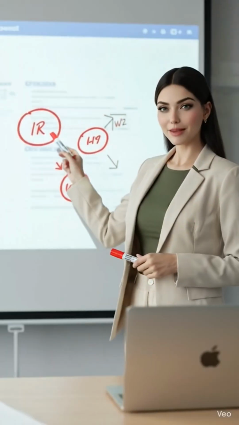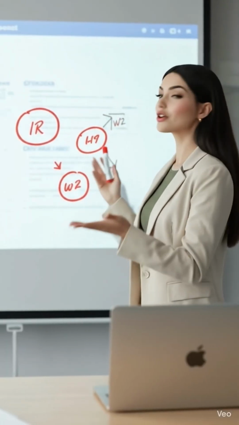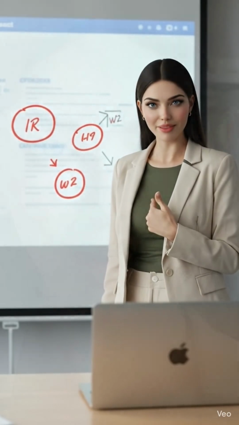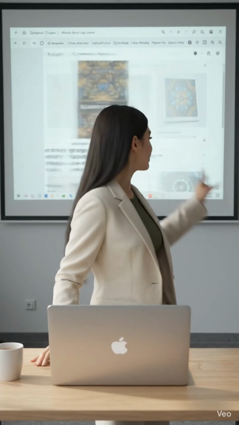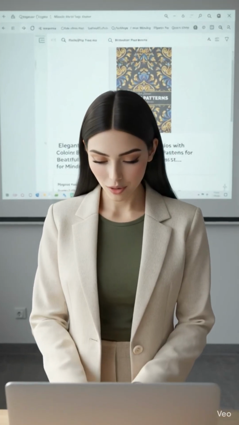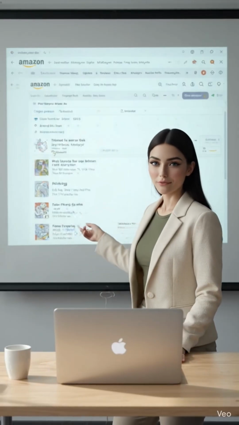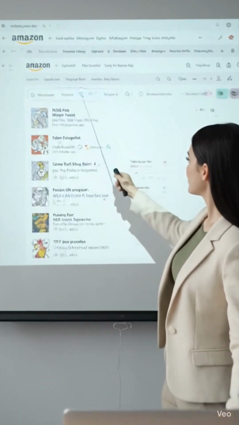Did you know a simple kids coloring book can make over $10,000 a month on Amazon KDP? There are not only kids coloring book category, you can also go for adult coloring books. Animal coloring books where all wild and pet animals can be used.